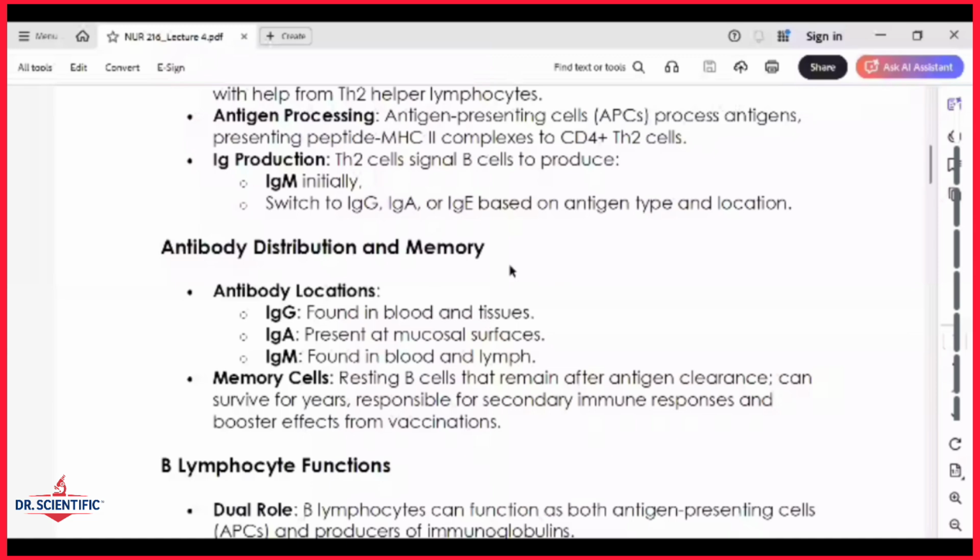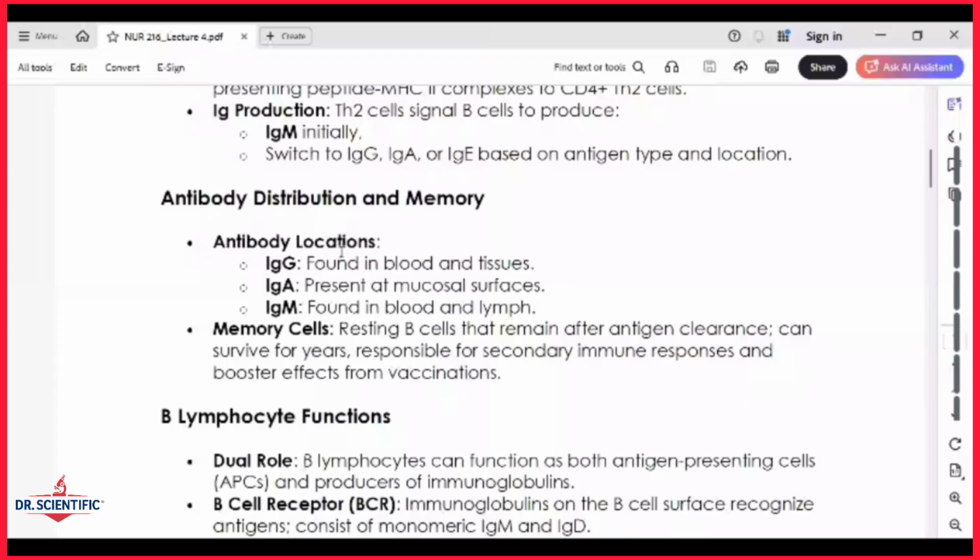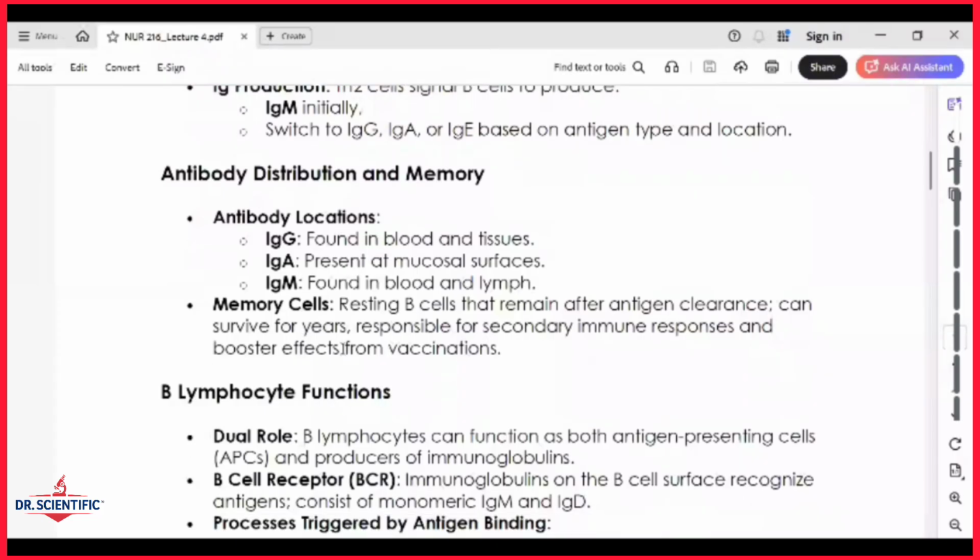But you don't see it anywhere here, but in a moment we'll see what it does. It might not be directly produced as an antibody to neutralize any antigen, but it plays a key role in the process of antibody production. We'll see that.